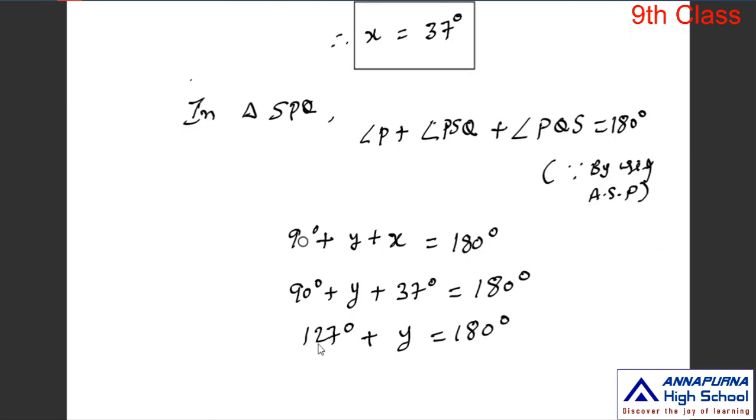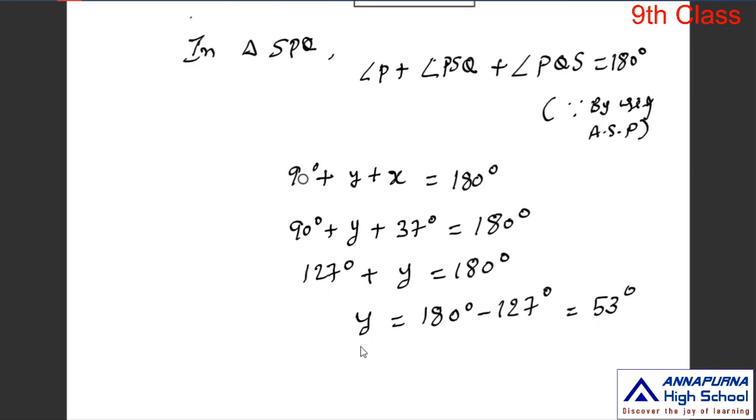Transpose 127 degrees to the right hand side. So y is equal to 180 degrees minus 127 degrees, that is equal to 53 degrees. Therefore y is equal to 53 degrees.